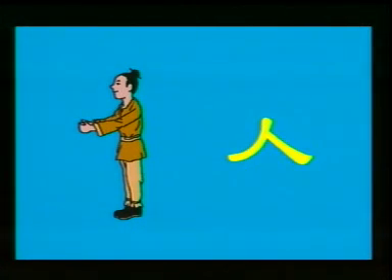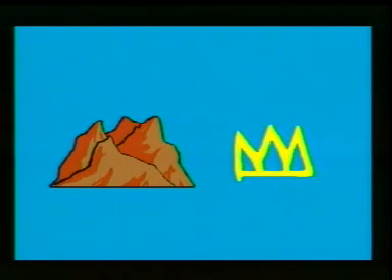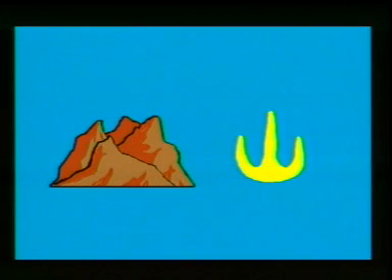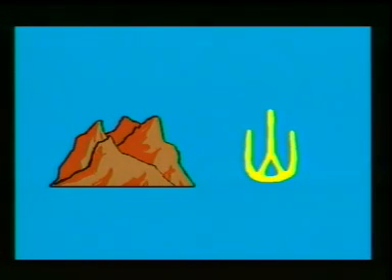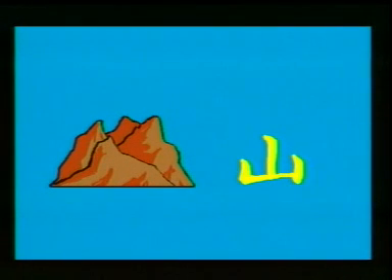It gradually developed to the shape we use today. You see, this is a mountain. In Chinese, 山. You can recognize the shape of the mountain from the picture, right? Only 3 strokes, 山 appears before you. The shape of 山 has not changed much since it was created.